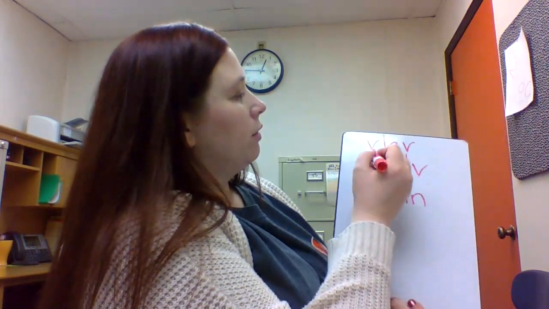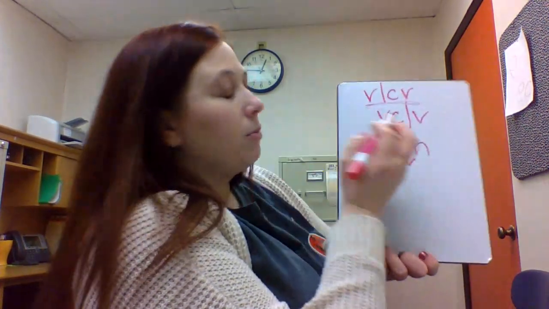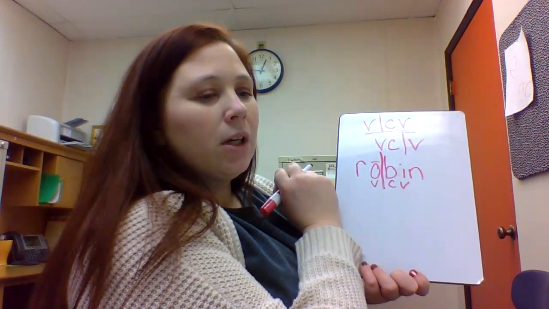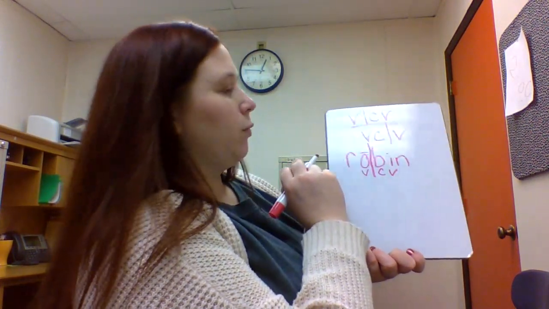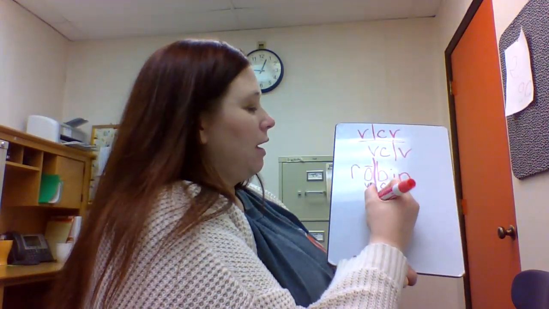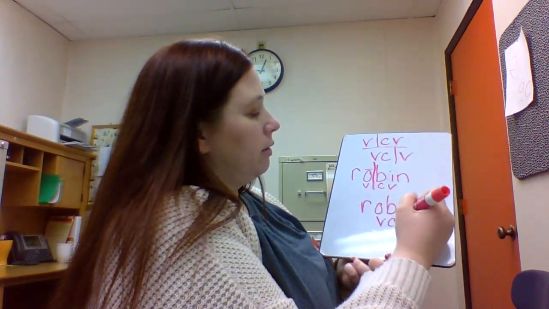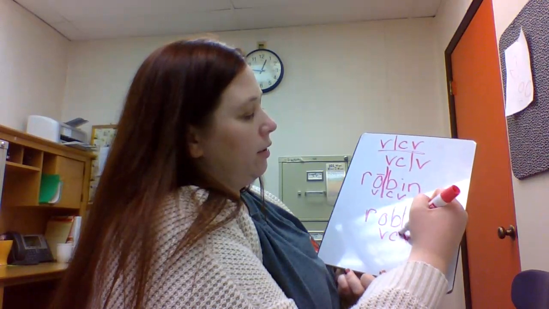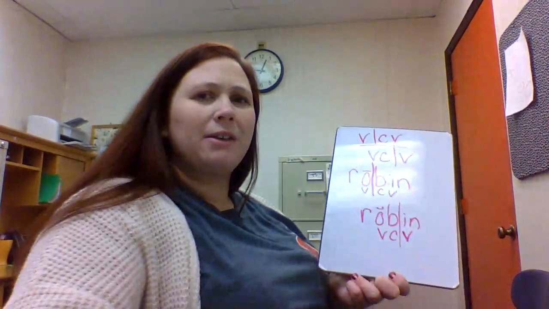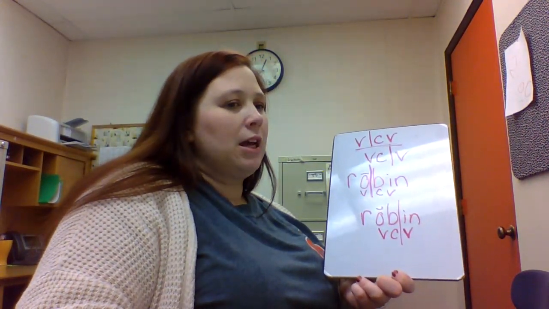If we did how we learned the first way and we drew our line here for our vowel, consonant, vowel, that word would get the macron on there and it would be robin. Is that how we say that word? It isn't. We say robin. So to make the O have a breve instead, we have to divide the word, the symbol, up here instead. Then that gets a breve and it's robin. Does that make sense? That is what we are learning about today.